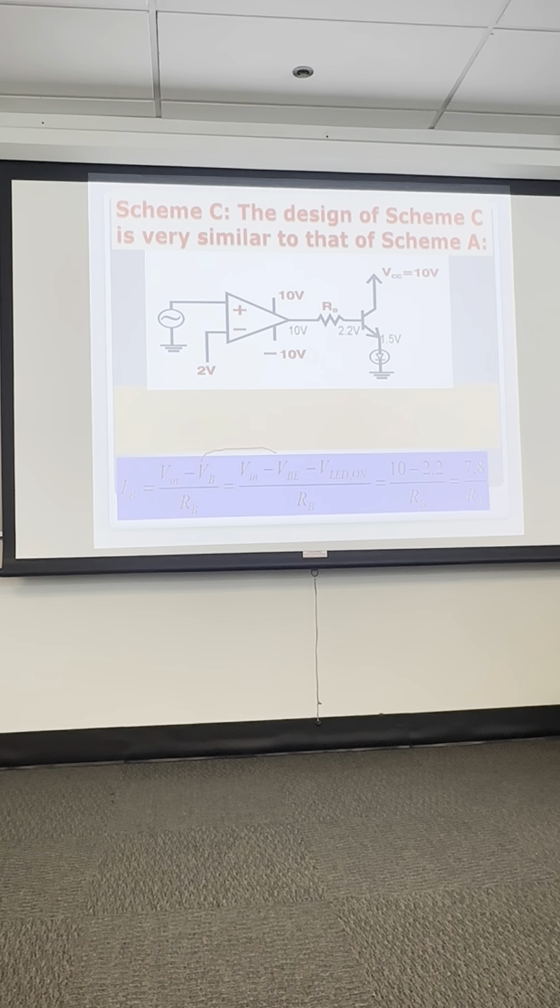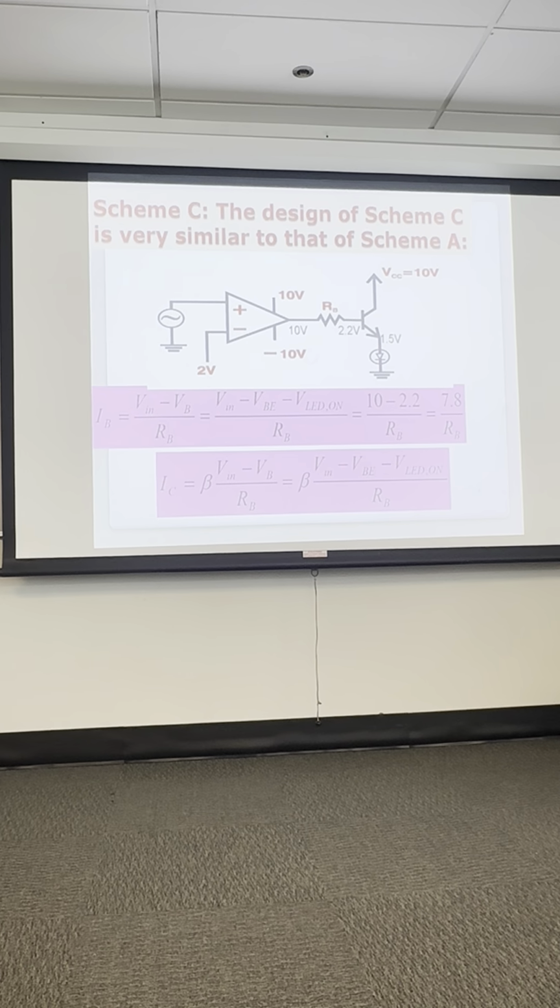So that's 10 minus 2.2 over R sub B, which is 7.8 over the base resistor. And then we can convert our I sub C to beta I sub B. We can do the same. We have R sub B, and over here we have I sub C. Convert I sub B in terms of I sub C at the bottom.